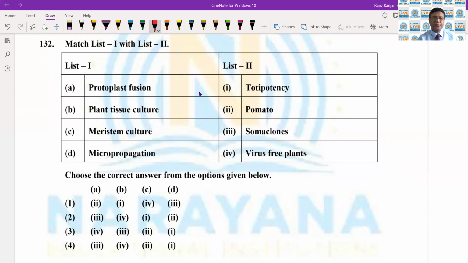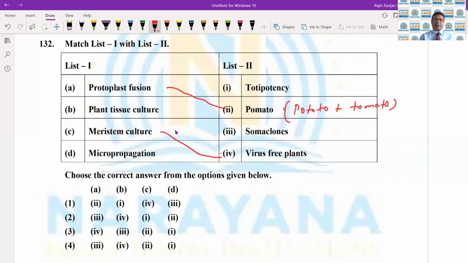So first of all, protoplast fusion is responsible for a hybrid like palmetto. Palmetto is formed by a combination of the cells of potato and tomato. Okay, so it is a hybrid prepared from potato and tomato. The plant tissue culture is actually the result of totipotency. Meristem culture is responsible for virus-free plants.